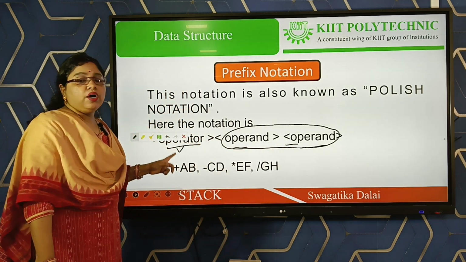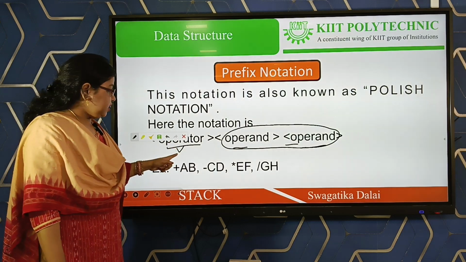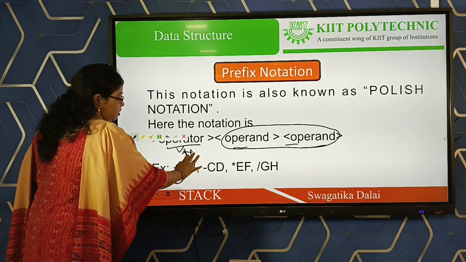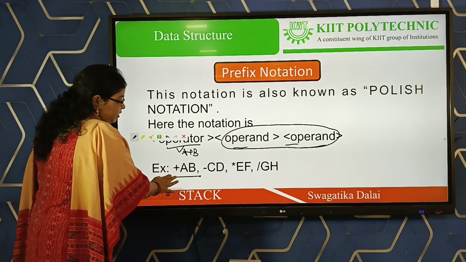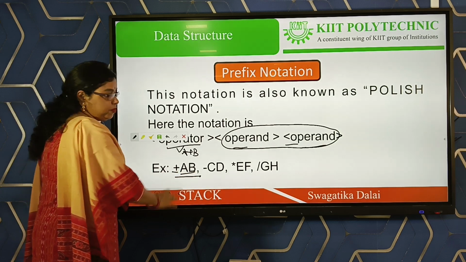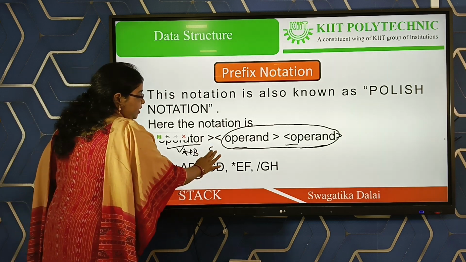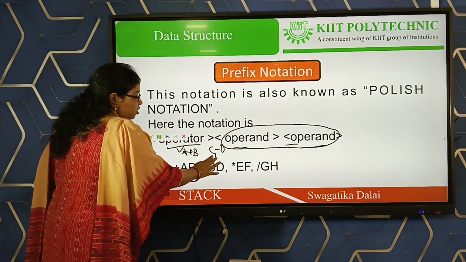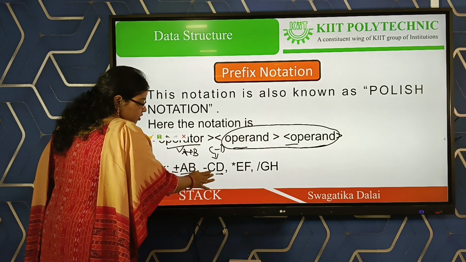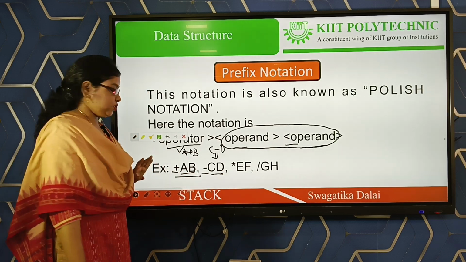So now if I write A plus B in prefix notation, it is like this: first the operator plus comes, then A and B come. If I write C minus D in infix notation, how will it convert? First minus comes, then C and D come. This is the prefix notation.